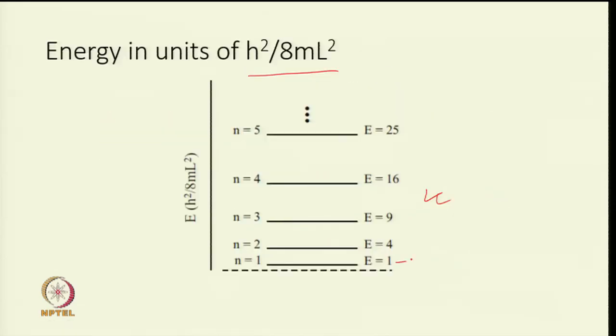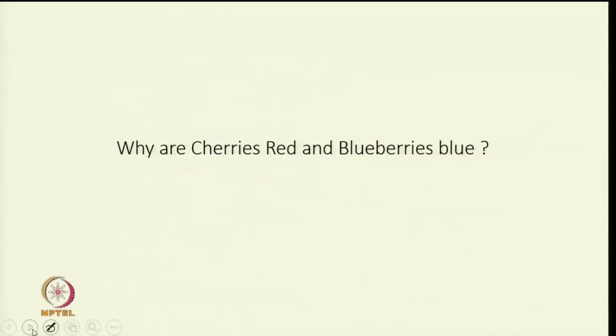Here the energy is expressed in units of h square by 8 mL square. So, n equal to 1 means energy is 1 times h square by 8 mL square, and n equal to 2 means energy is 4 times h square divided by 8 mL square. Now we know the energy of different levels.